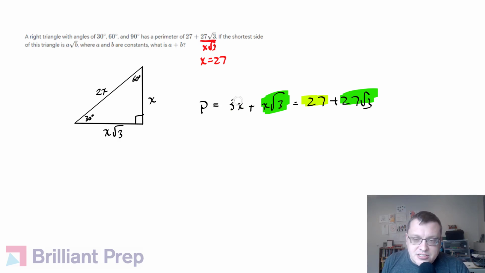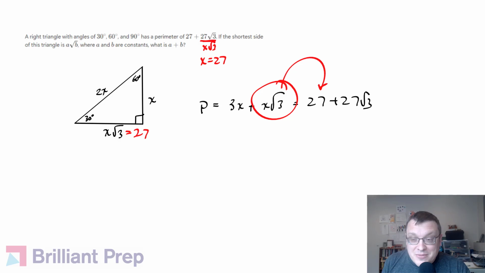Here's how you can adjust with our setup with the perimeters. Instead of assuming that this term must match this term, let's assume that this term actually matches this term, and that ultimately this x radical 3 is this 27, actually. It's not the 27 radical 3, which would mean the 3x corresponds to 27 radical 3. Now let's see, when I solve for x using these two equalities, do I get the same x?